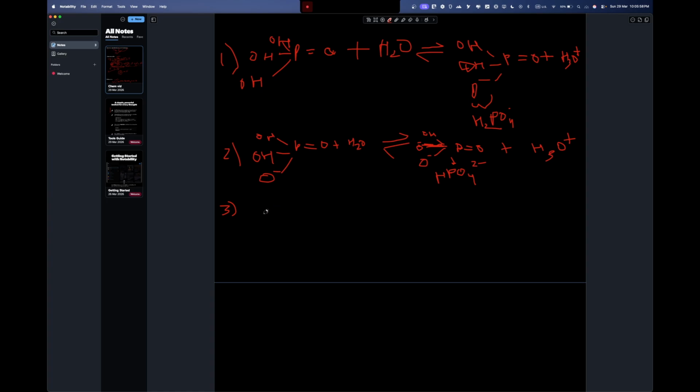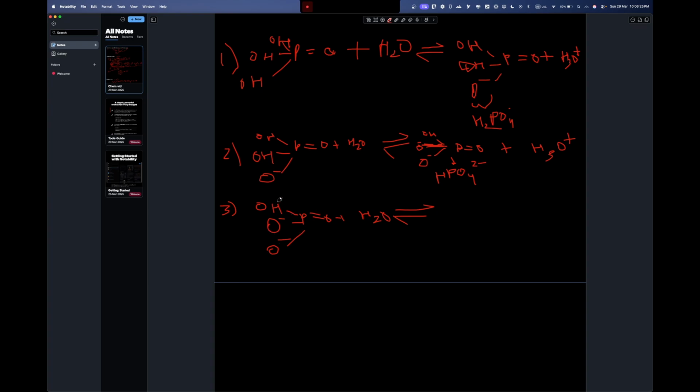Let's just draw the structure. Kind of got a habit of it, no? OH, P, O minus, O minus, double bond with O plus H2O, and you're going to get OH, OH.